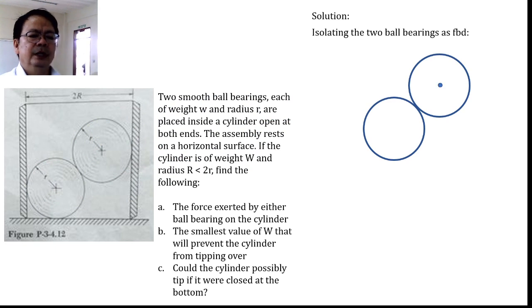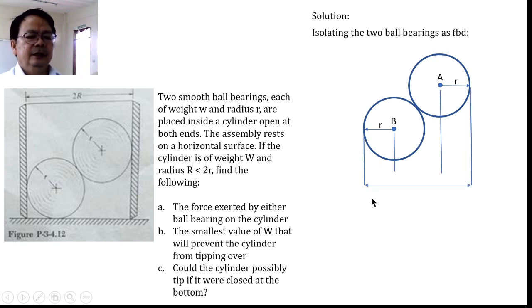So if we will be isolating it, kunin natin yung part na yan, sabihin natin itong nasa ibabaw ay tawagin nating cylinder A, nasa ilalim ay tawagin nating cylinder B, ba? And then the radius of the cylinders are given. They are given as R. Now let us try to imagine that the cylinder has a radius or diameter equal to 2R. Now if the radius of the ball bearings is equal to R, sa makatwid itong dalawa na ito, R din yun.